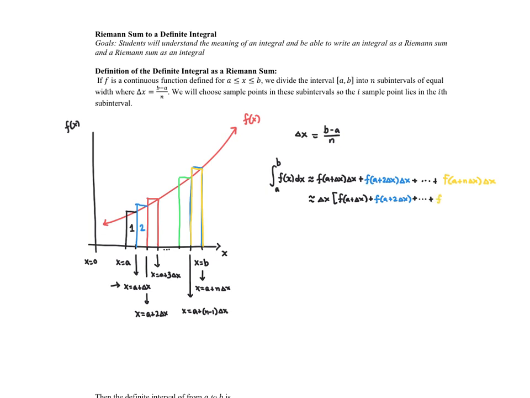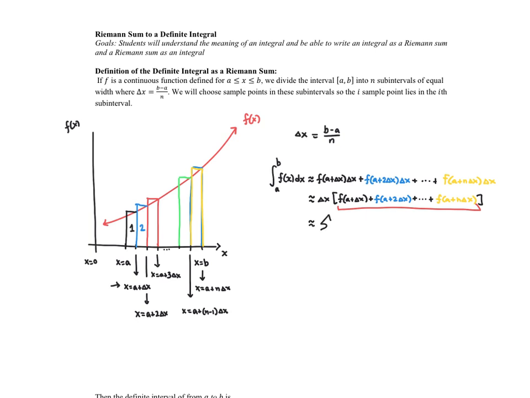So it'll be f of a plus n delta x. All right, this summation right here is the same as the following summation notation.